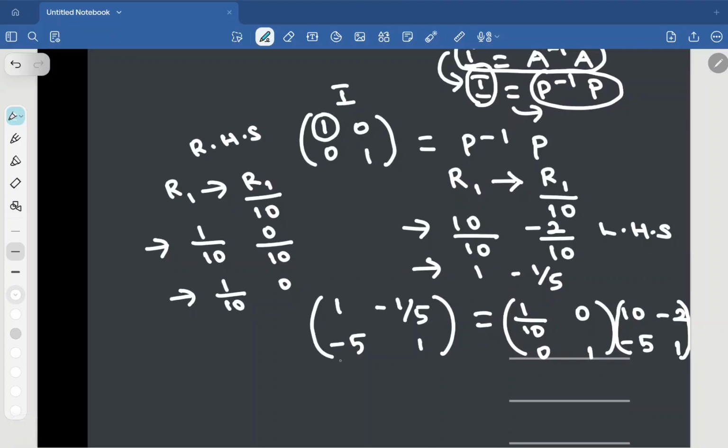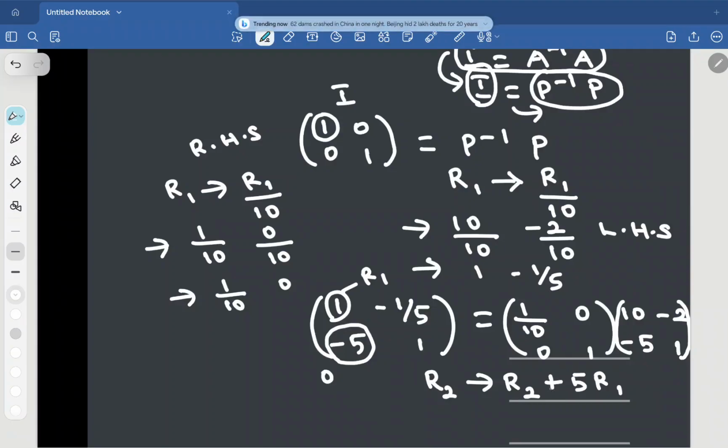Now we have to convert this in the form of 0. That is R2. Since this minus 5 appears below 1, that is row 2, we have to make use of 1. This is R1. Here minus 5. Therefore, I am going to multiply R1 with 5.